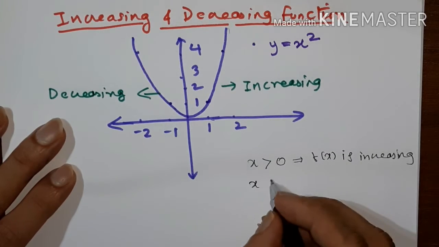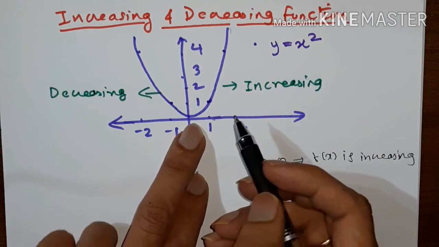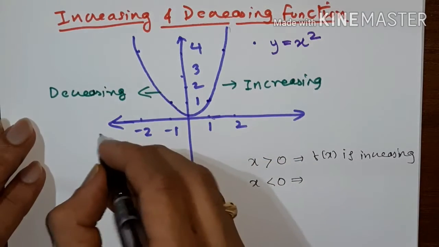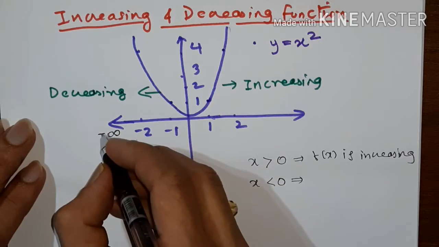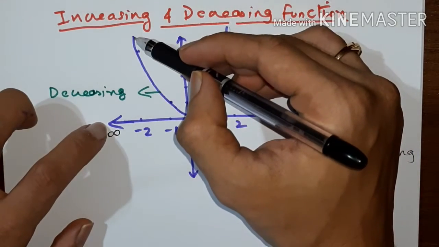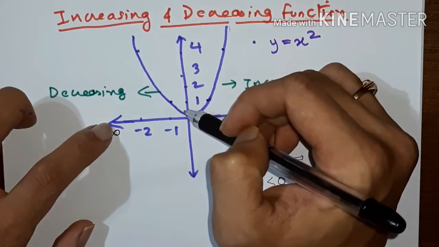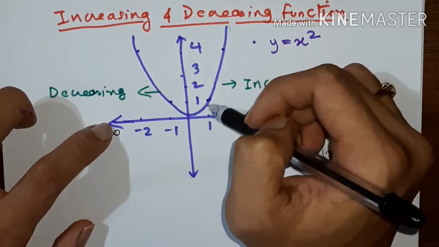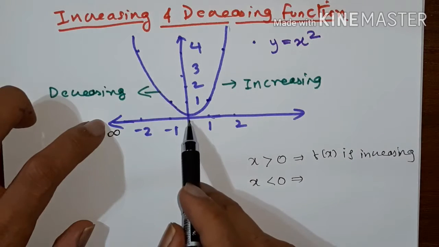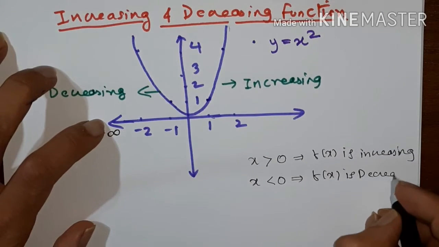And if x is less than 0, that is all the numbers on the left hand side of 0, the graph is decreasing, because you start from minus infinity and come to 0, and the graph decreases. Then from 0 to infinity it increases. So from minus infinity to 0, f(x) is decreasing.